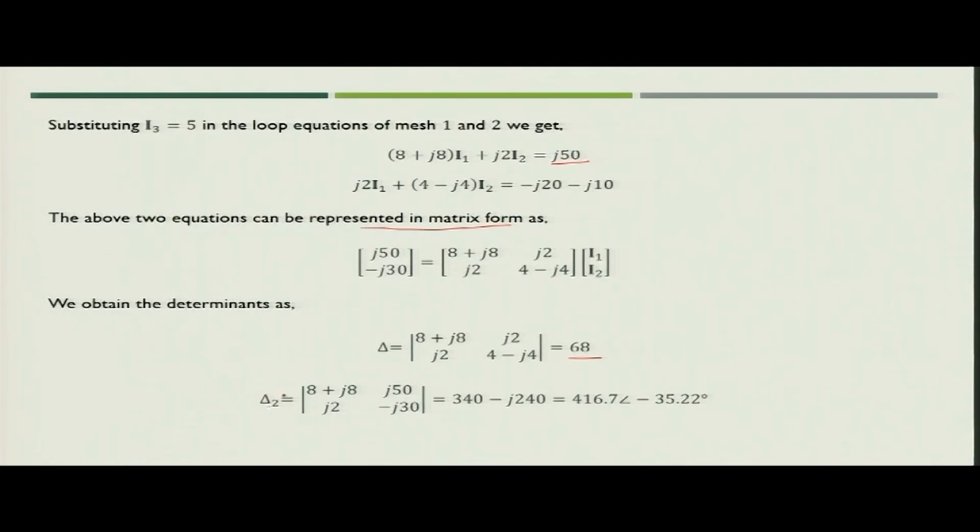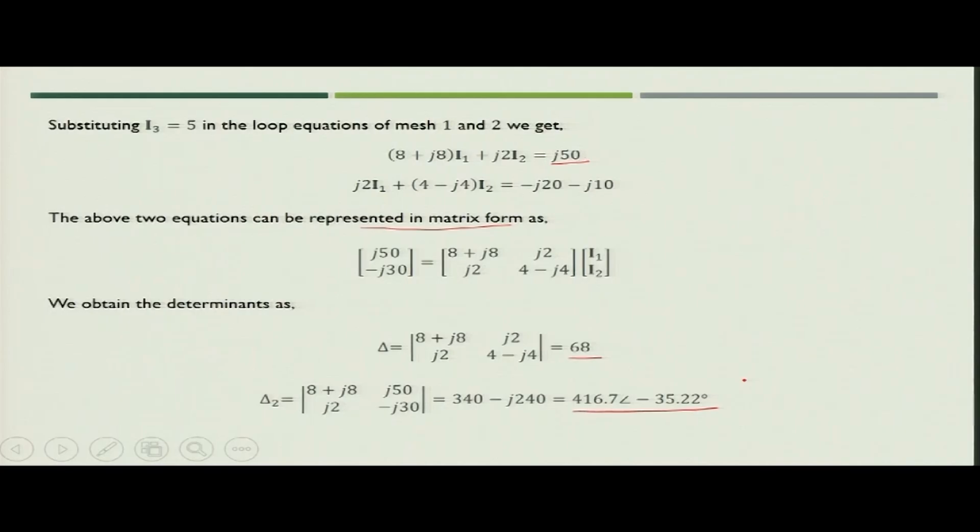So, we get the determinant delta 2 as 8 plus j8, j50, j2 and minus j30, and when we find the value of the determinant, we get 416.7 angle minus 35.22 degree. So, delta is 68 and delta 2 is 416.7 angle minus 35.22 degree.